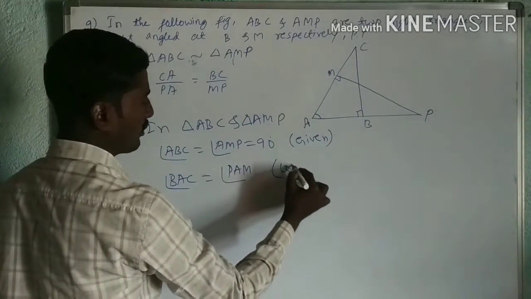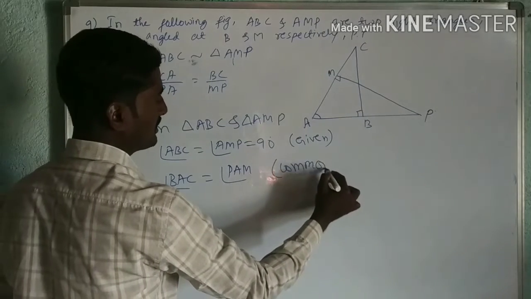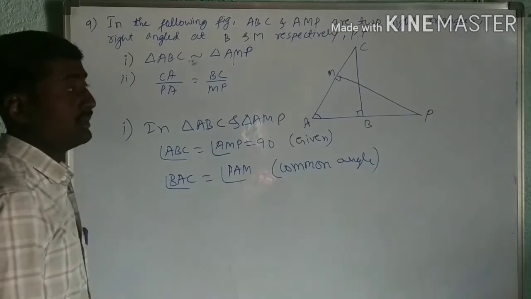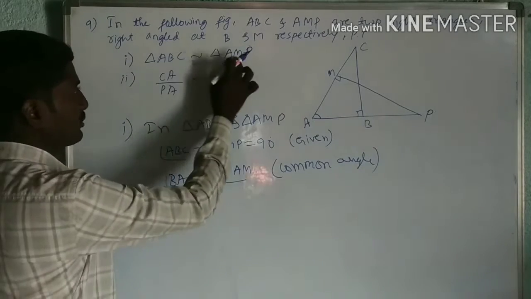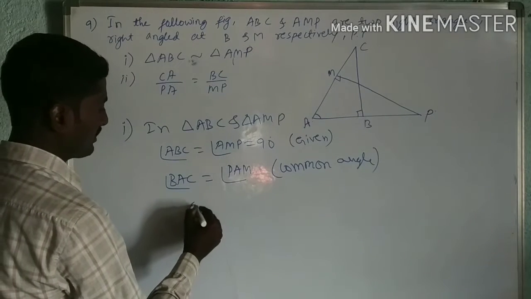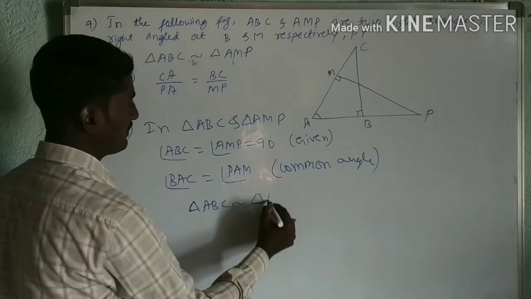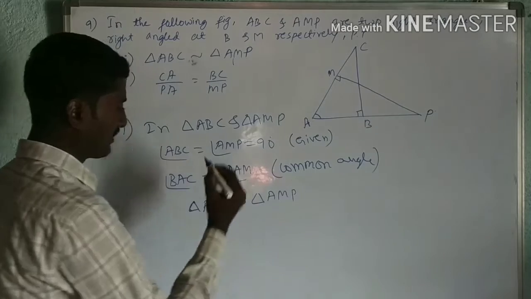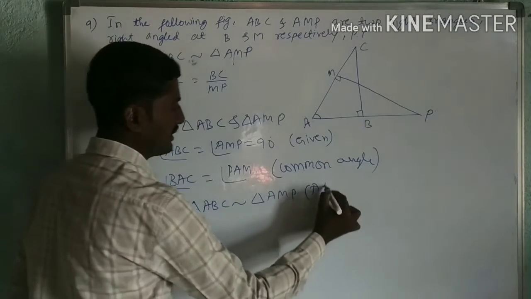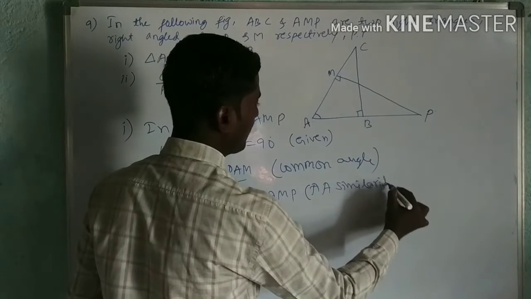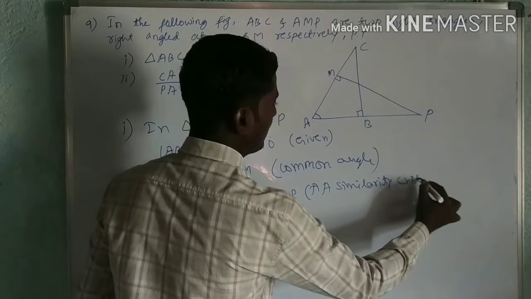So this is the common angle. Now again, by AA similarity criterion, these two triangles are similar. So triangle ABC is similar to triangle AMP, because of AA similarity criterion.